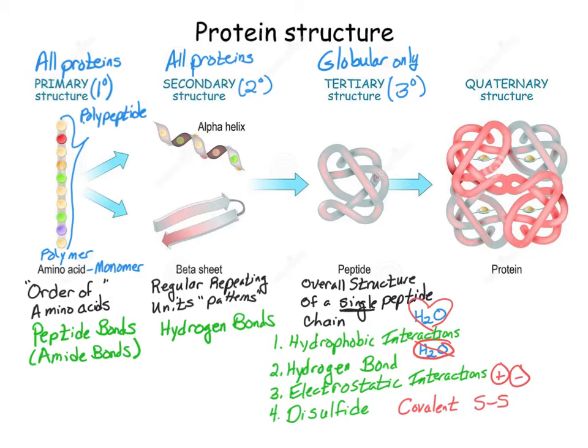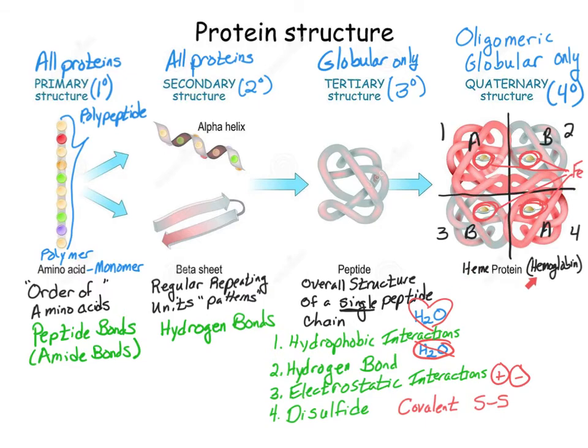And finally, oligomeric proteins have quaternary structure. Not all globular proteins do this, but in some cases, like this example, which would be something like hemoglobin, it has 4 subunits. So oligomeric proteins have 2 or more polypeptide chains that are bound together.